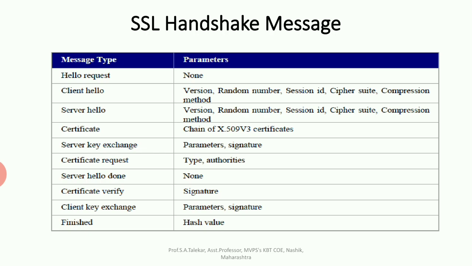Then certificate, a chain of X.509 version 3 certificates; server key exchange, with the different parameters and signatures used; certificate request, with the types and authorities; then server hello done, again with no parameters; certificate verify, then signature; client key exchange, with parameter and signature; and finished, with hash values.